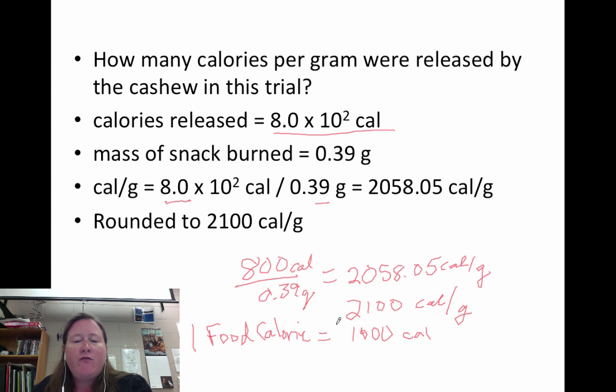So the number of food calories is actually only 2.1. Our 2,100 calories per gram is equivalent to 2.1 food calories or kilocalories per gram.